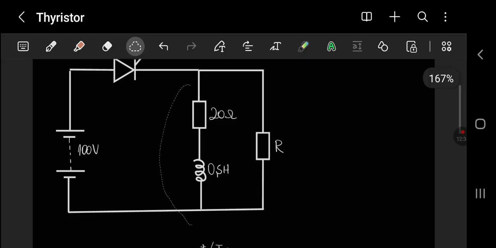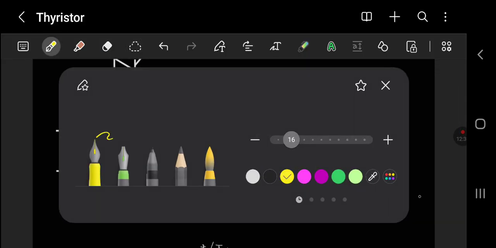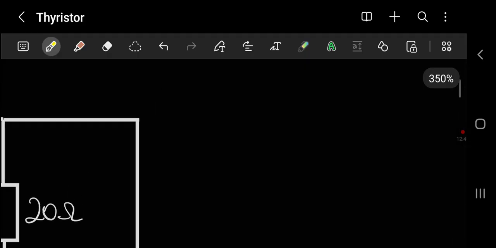Okay, so right here, let me change the color.